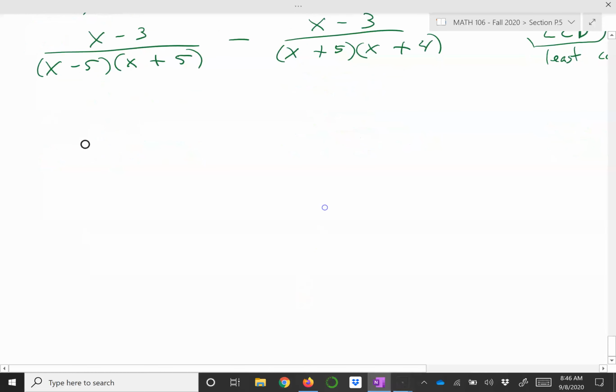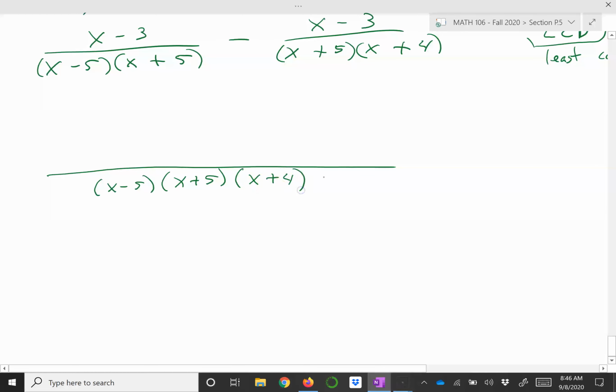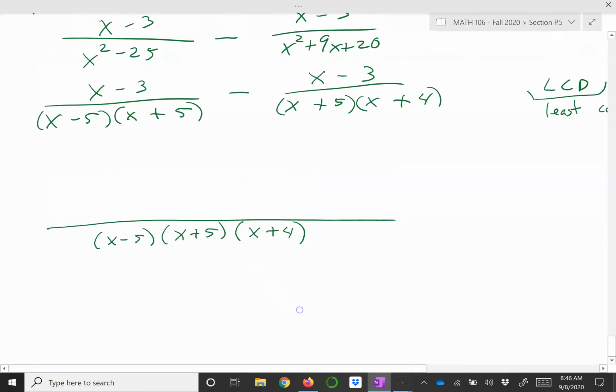So here's what I'm going to do. I'm going to do it with this LCD way, just so you have a couple different examples. So what's my common denominator going to be? Well, I know I have to have an x minus 5, okay? I know I have to have an x plus 5, and I know I have to have an x plus 4, all right? Has to be there. That's the least common denominator. Now, what do I have to do now?